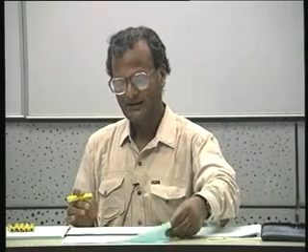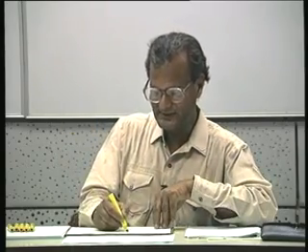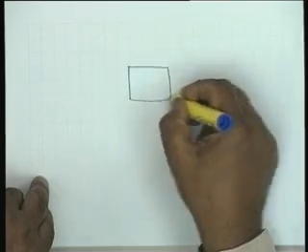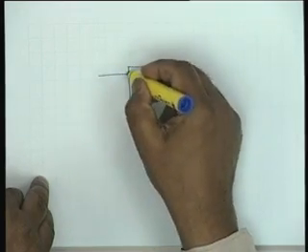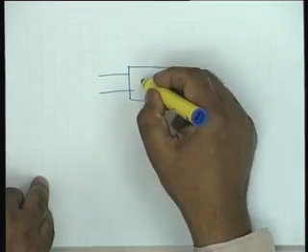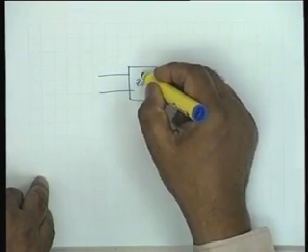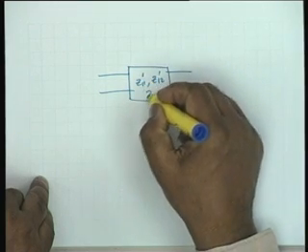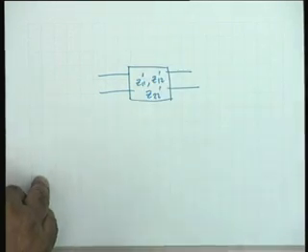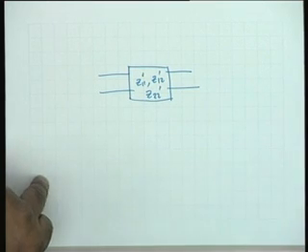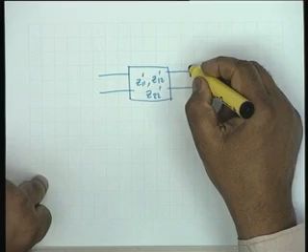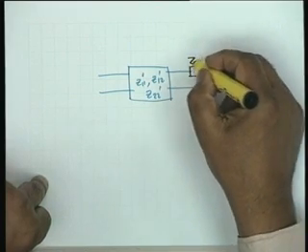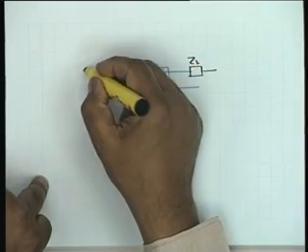A simple example would be this. Suppose we have a two-port network which has the parameters, let's say z11 prime, z12 prime and z22 prime. Suppose we have a network like this. And then what we do is we supplement this with an impedance Z2 here and an impedance Z1 here.